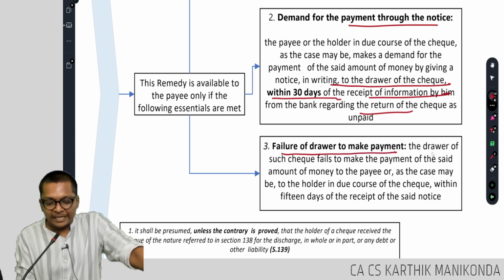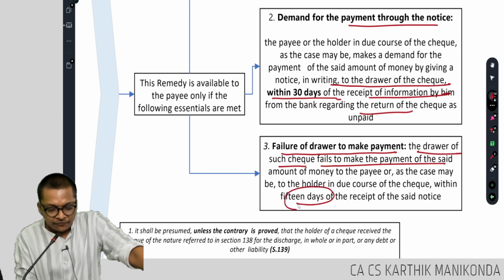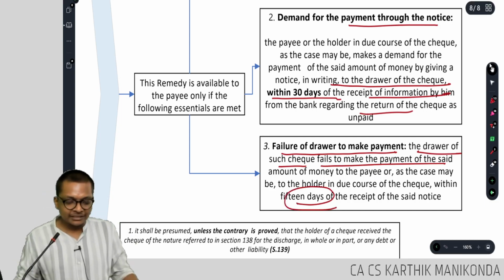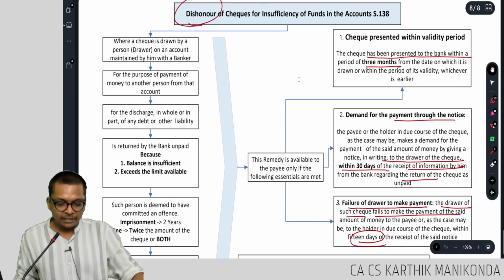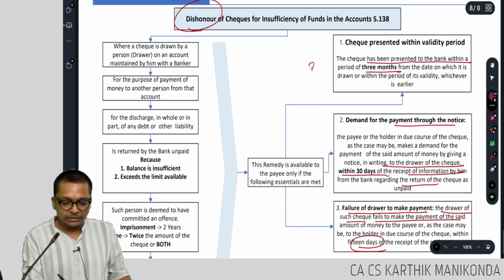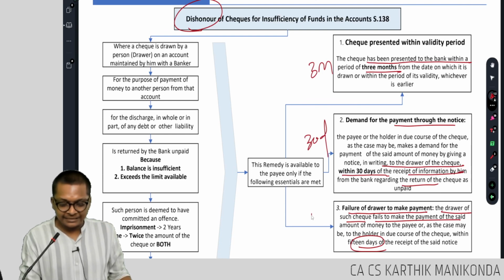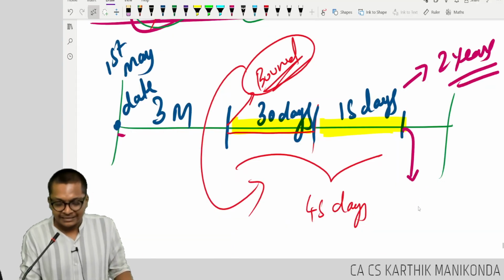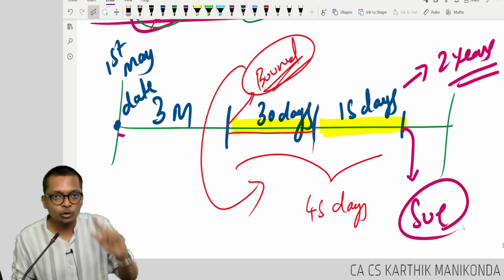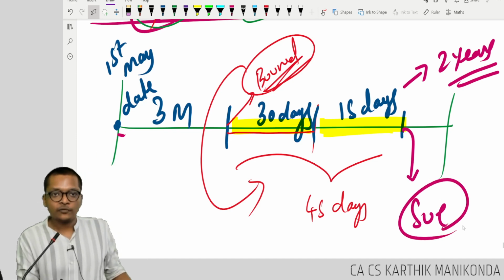Failure of the drawer to make payment: the drawer of the check fails to make the payment within 15 days. Then these are the remedies I should pursue. First 3 months time, then 30 days, then 15 days. After 15 days also he didn't pay. This is the time you can sue him and go to the court. Are you following?